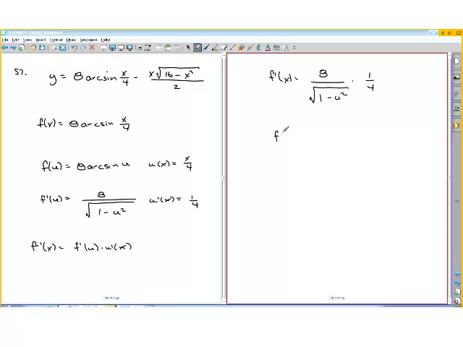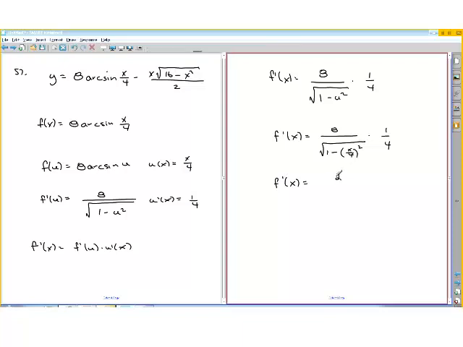And so we get f prime of x. We substitute u back in. So we get the square root of 1 minus u, which is x over 4, squared, times 1/4. So let's simplify this a little bit, just like we did in the previous problem.